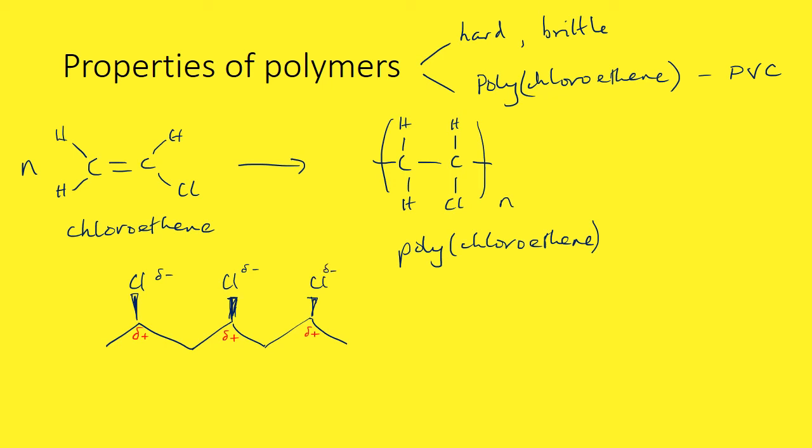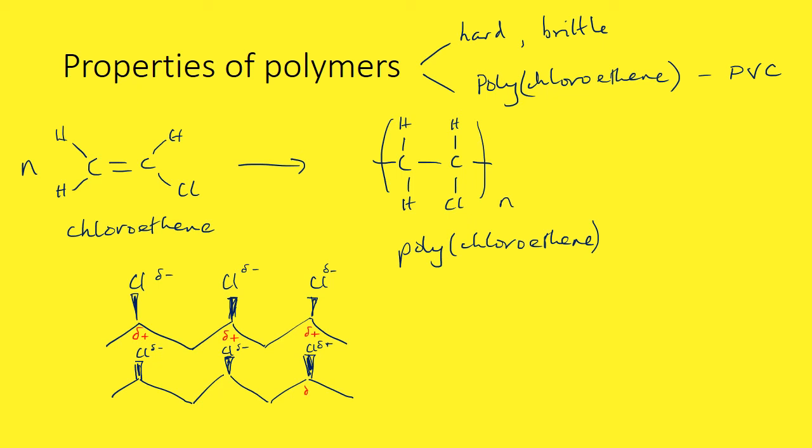So we've got 3 repeating units there with 3 delta negative chlorines, and let's draw an identical polymer molecule adjacent to it. So you could draw it like this. And this would be our chlorine delta negative, that would be our chlorine delta negative, and that would be our chlorine delta negative in this case.